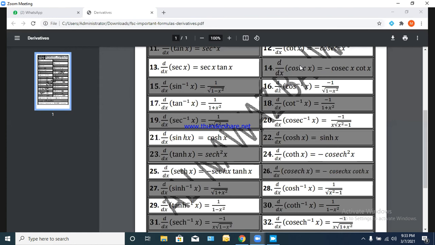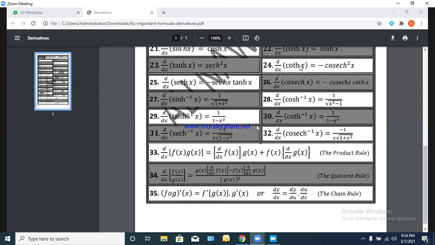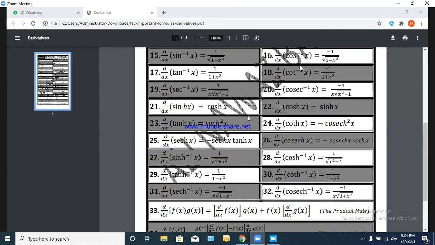Yes, ma'am. Okay, now note your homework. Memorize all these 32 formulas. Do practice questions of all intermediate book. Okay, and purchase or photocopy the third chapter of Calculus and Analytical Geometry by S.M. Yusuf.